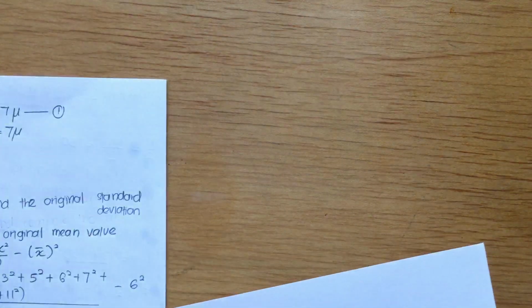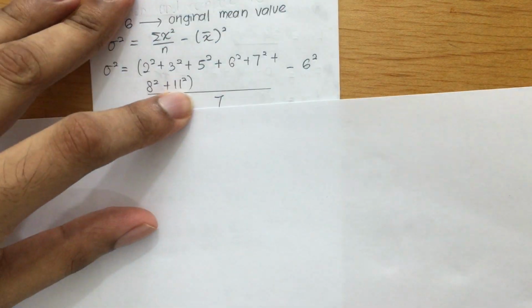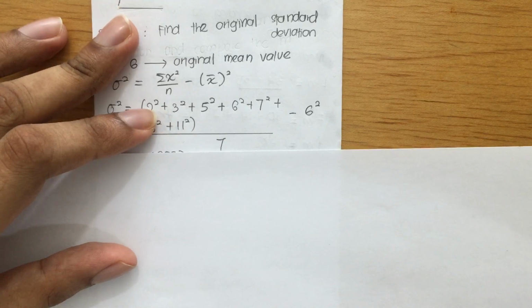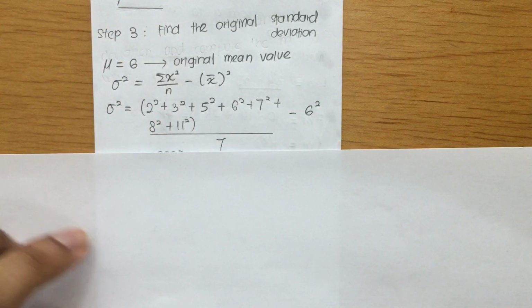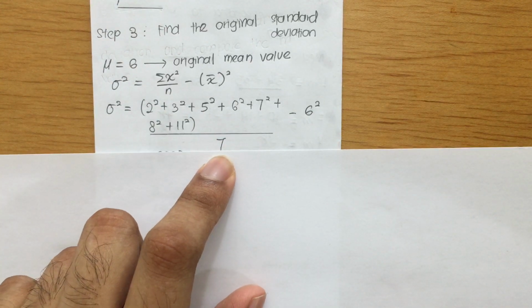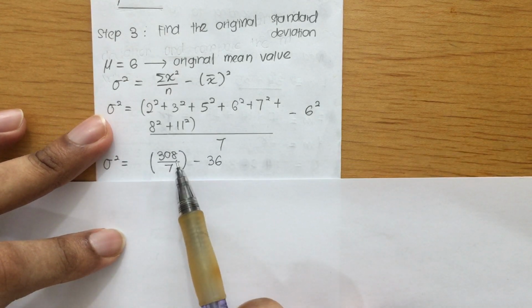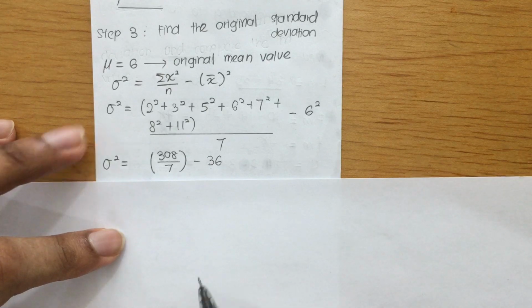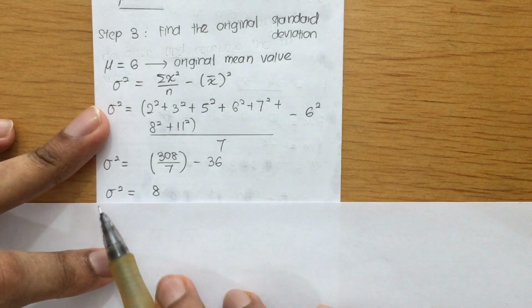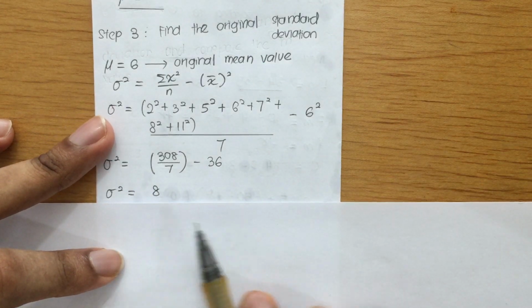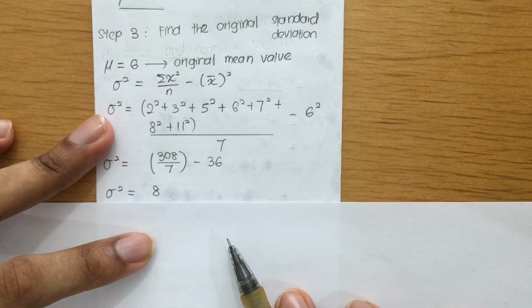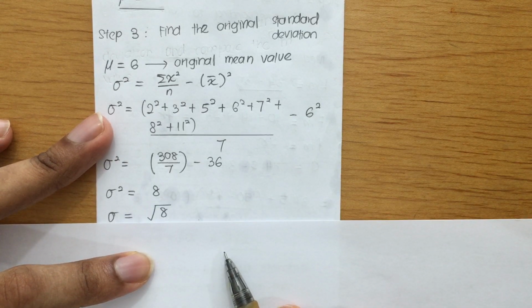So back to our working here. You minus the mean square, which is 6 square, and the total number of data is 7. So from here you get sigma square equals 308 divided by 7 minus 36. So your sigma square equals 8, and to find your sigma, which is your standard deviation, it will be square root 8.